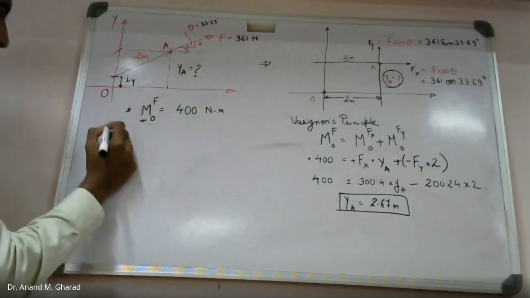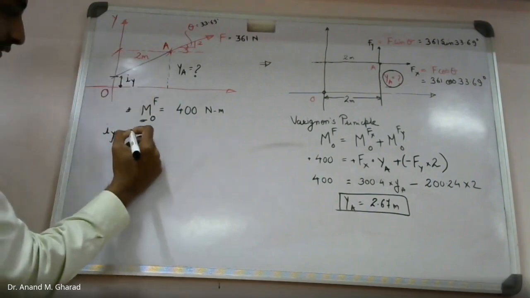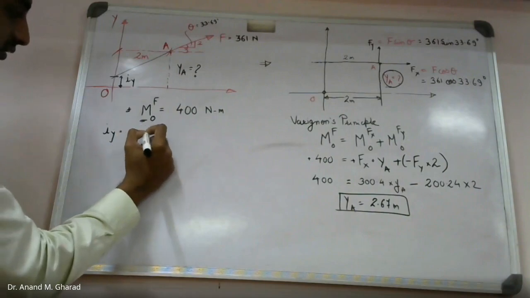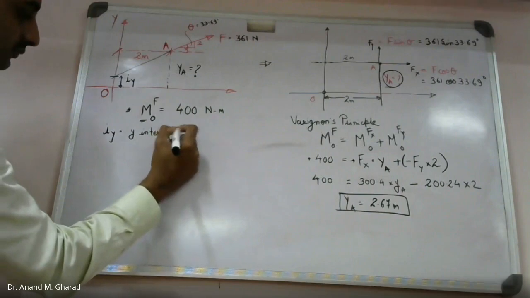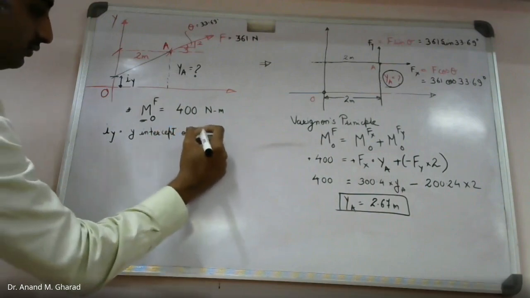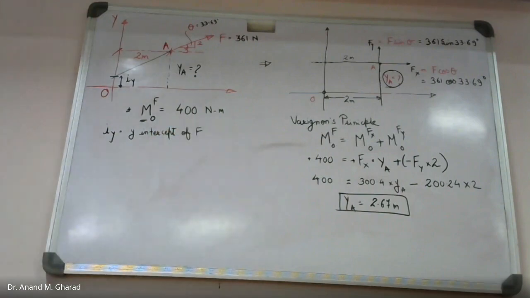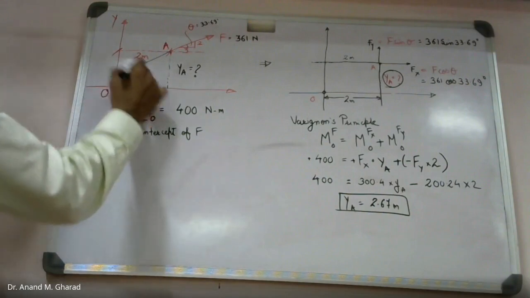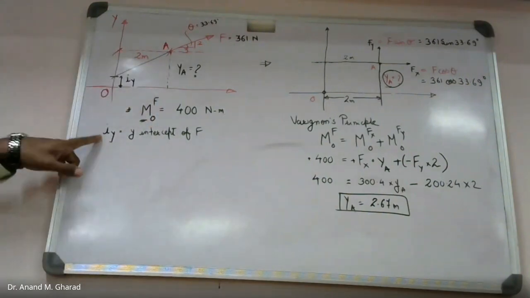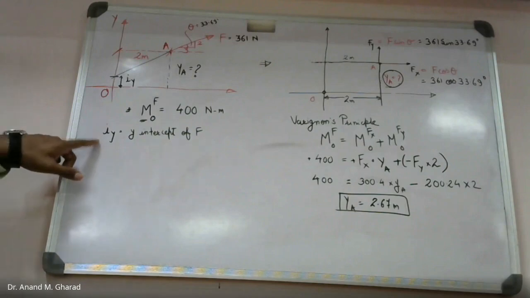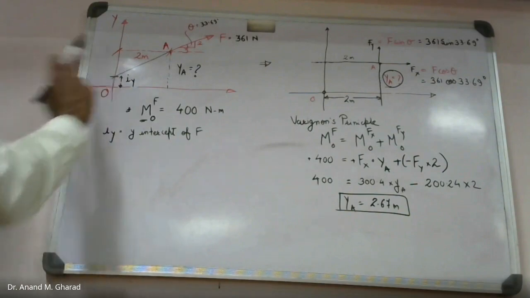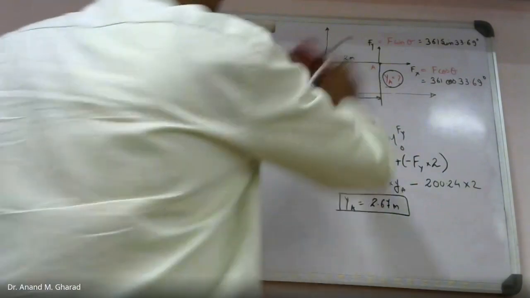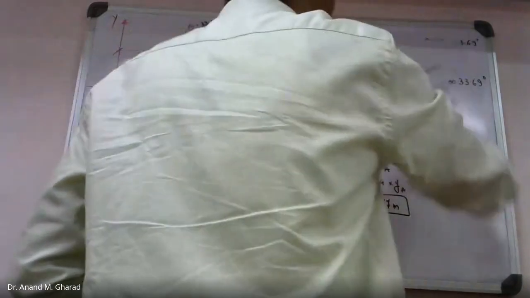Iy is the y intercept of force F. So I need to find out this y intercept, which I am representing as I suffix y. So how will you find it out? Based on this information, what I will do is redraw this figure.